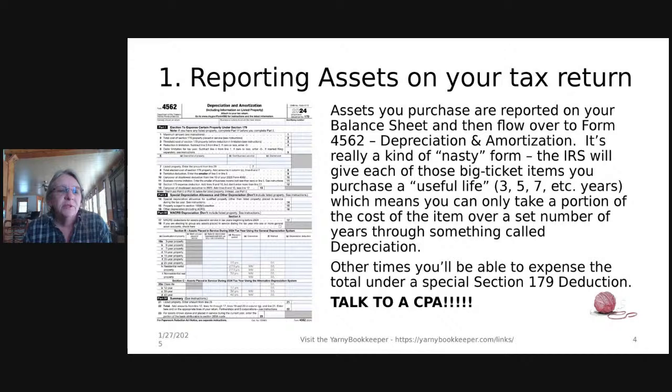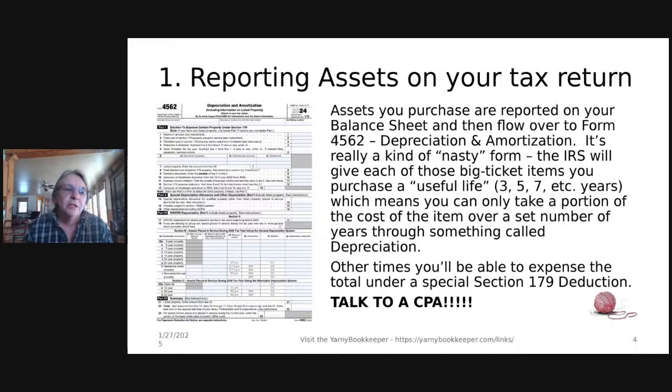And that's because the IRS decides on how many years each of the items you purchase will last. So they may say something will last 3 years, 5 years, 7 years. Now, what this means is you can only take a portion of the cost of the item you bought over a set number of years. That's called depreciation.